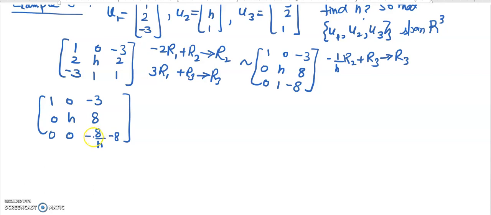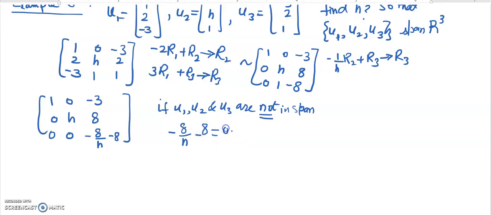Okay, so for example, if u1, u2 and u3 are not in span, then what is going to happen? Then this value over here should be 0. So minus 8 over h minus 8 is equal to 0.